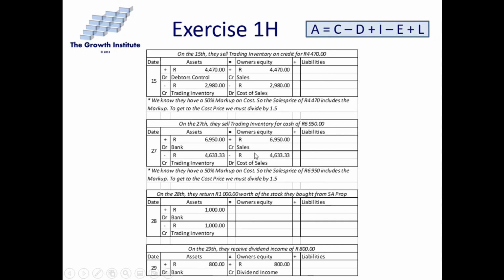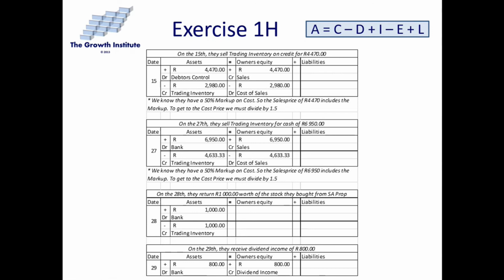On the 28th, they return 1,000 Rand worth of the stock they bought from SA Prop. When they return it, it simply means that the money is going to go back into their account, but the trading inventory is going to decrease.